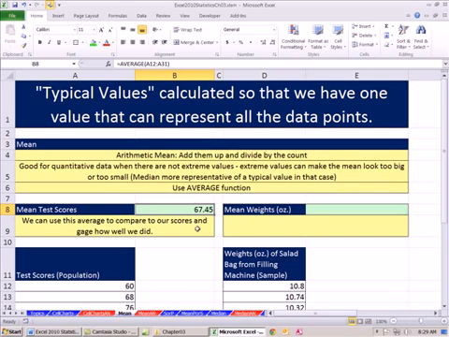We can use this average to compare our scores and gauge how well we did. That's why the teacher says it. If the average is 67 and you get an 81, you know you're above average. If you get a 65, you know you're slightly below average. So that's one example, very useful for test scores.